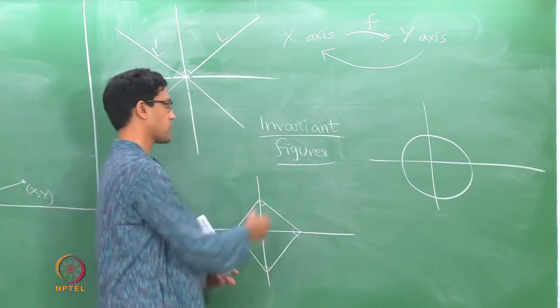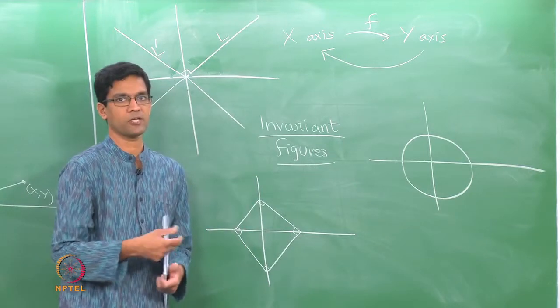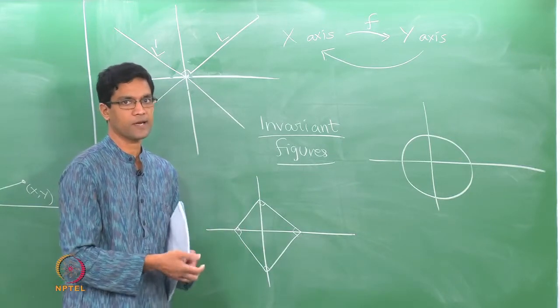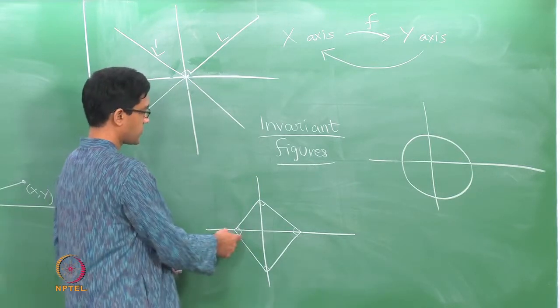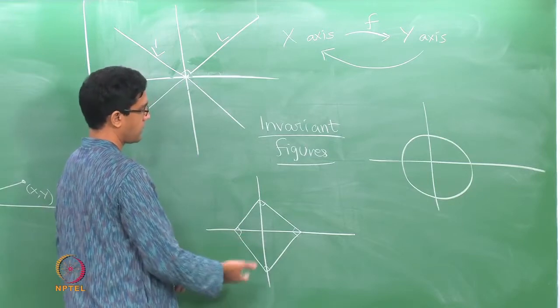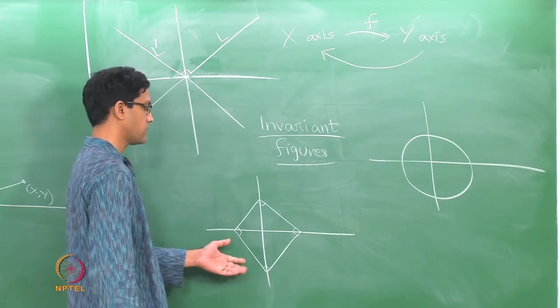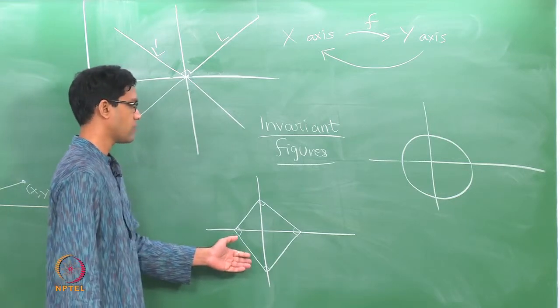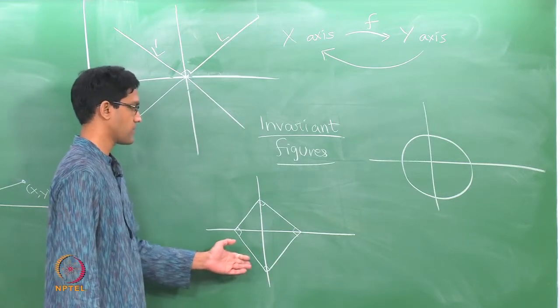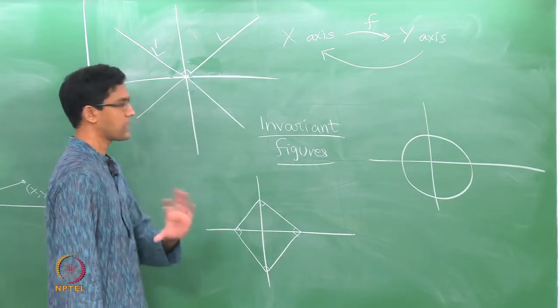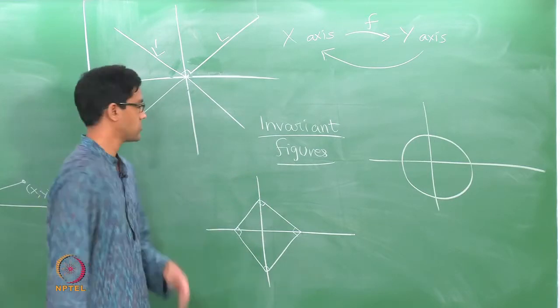So a circle is special in the sense that it is in fact invariant under rotation by any angle, not just by 90 degrees. So this figure is very special, it is invariant if you rotate it by 90 degrees, 180 degrees or 270 degrees, but not by other angles. If you rotate by say a 45 degree angle, this will not give you back the same figure, whereas a circle is sort of perfectly invariant under every possible rotation.